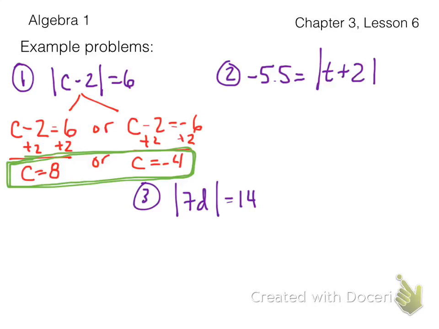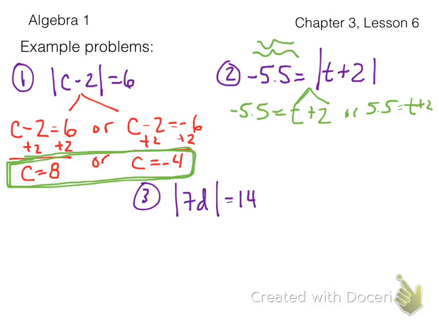All right, next problem, you're going to do the exact same thing. You're going to have negative 5.5 is equal to t plus 2, or 5.5 is equal to t plus 2. And whenever you're doing this, you're always taking a positive version of the thing that's alone and a negative version.